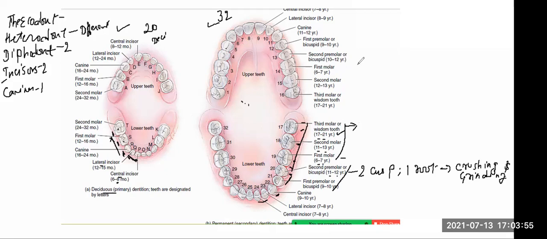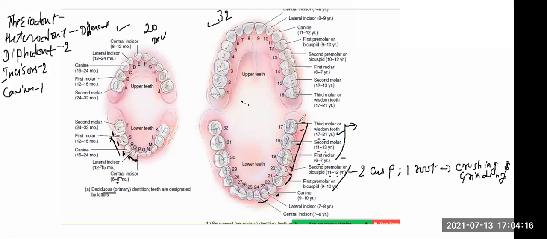And you might have heard that when this wisdom tooth starts erupting, you get a lot of pain. Sometimes the pain reaches the extent that you need to surgically remove this tooth. Now, why this happens is because of the lesser space posterior to the second molar.